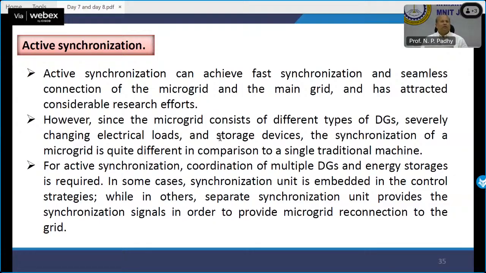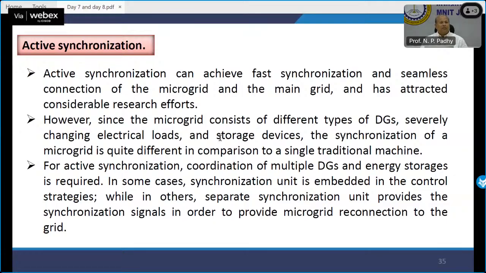However, since the microgrid consists of different types of DGs, changing electrical loads and storage devices, the synchronization of a microgrid is quite different in comparison to a single traditional machine. Doing synchronization with one machine is easy, but when you have hundreds of machines operating in different conditions and changing load, it is quite challenging.